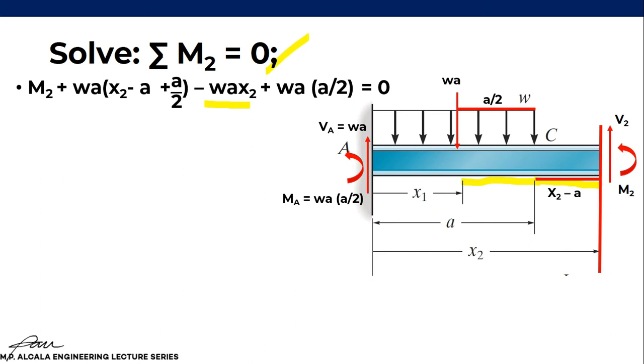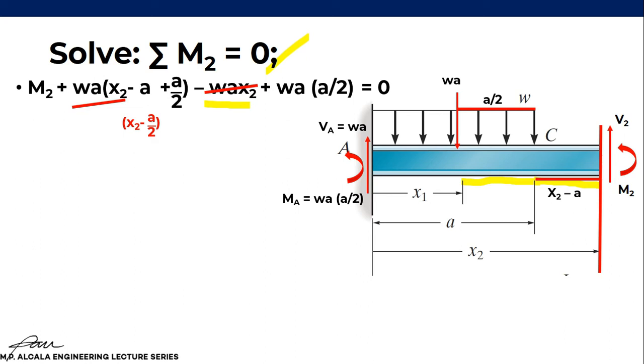So solving further, what will happen in this equation? This is the same. Distributing WAX to x2 will give us this function, so I can simply omit that. And then this one, take note of this. Negative A plus A over 2 will be negative A over 2.